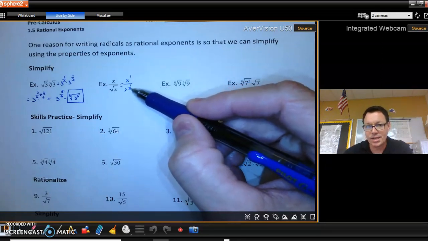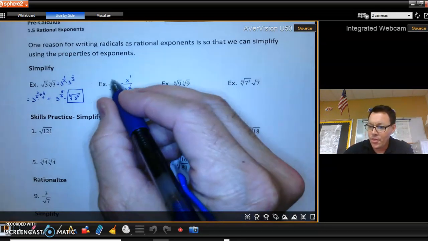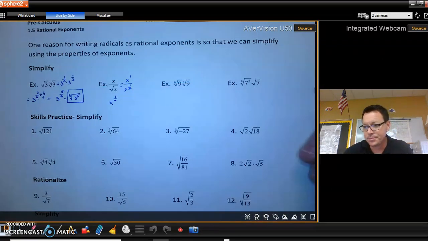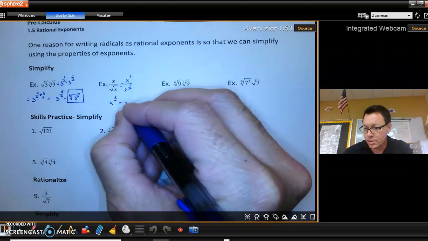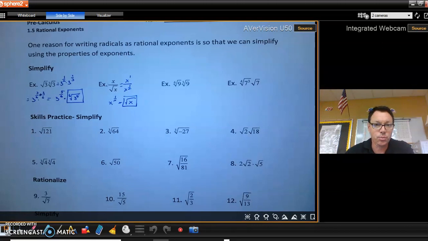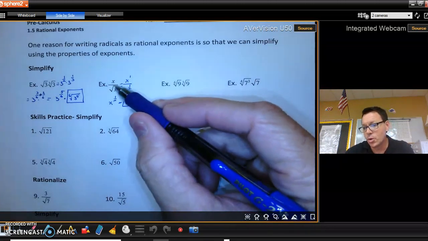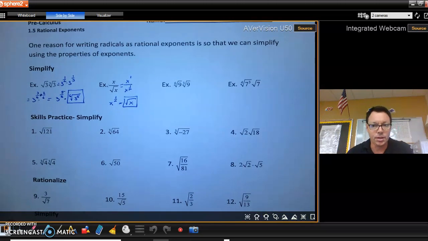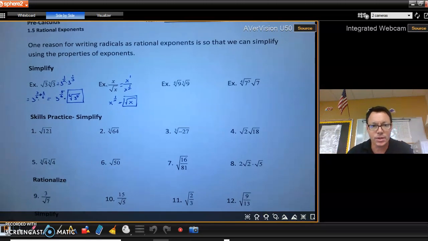Well, 1 minus 1/2 is 1/2. So this simplifies into x to the 1/2 power, or just the square root of x, which we wouldn't have known unless we could go off to the side and think of these as actual numbers that we could play with. We can add, we can subtract, do things like that.